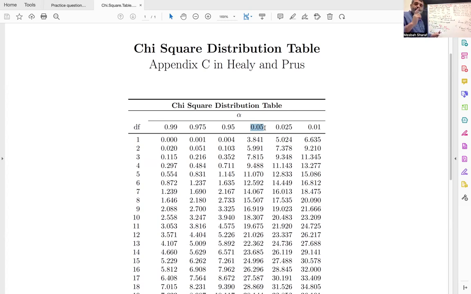So it was 2. So the degree of freedom is 2. So you look at this 2. So you have to use this number, the 5.99. So this one corresponded to what? A degree of freedom of 2, and the alpha to be 5%. So the chi-square critical is 5.99.